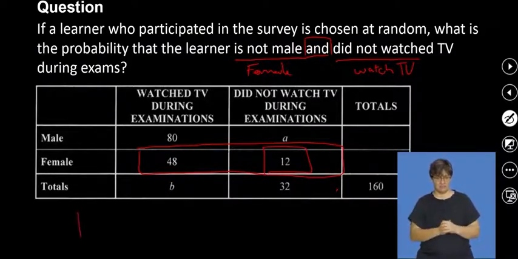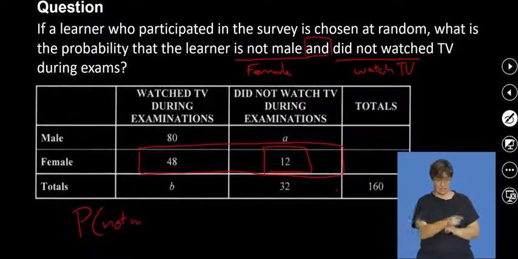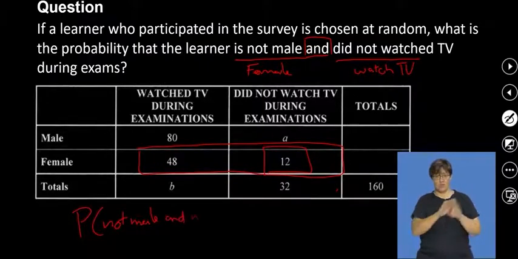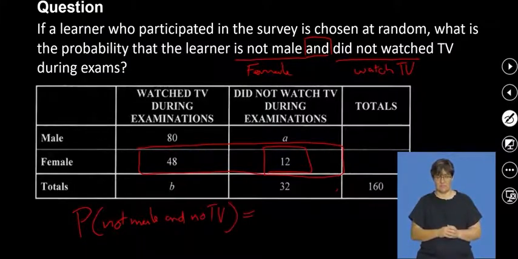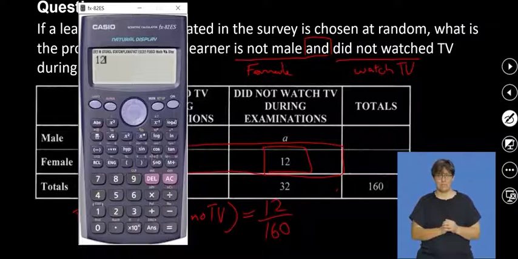So the probability of those that are not male, in other words female, and that did not watch TV, no TV, we'll recognize that that probability is going to be 12 out of the 160. And so if you do use the calculator again, we recognize we've got 12 divided by 160.